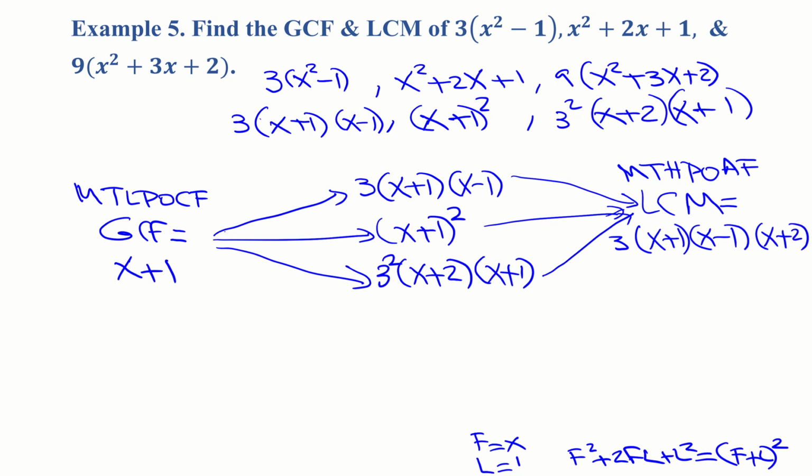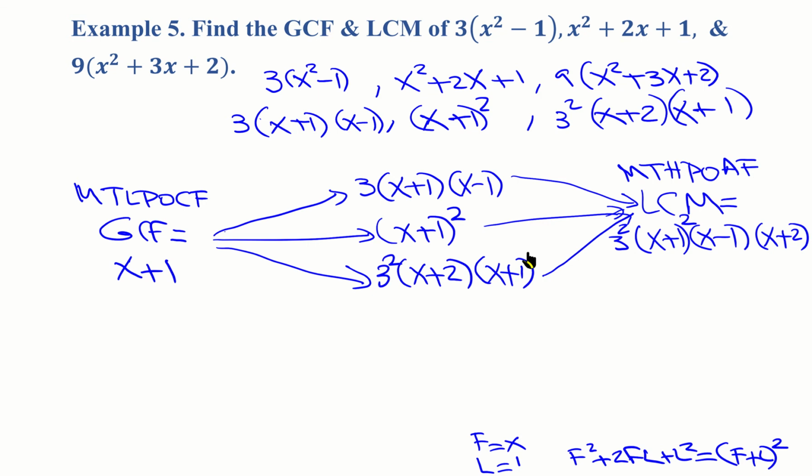And notice that now we'll go through, and for each of those factors, we'll take the highest one for the LCM. So for 3, we notice that between 3 and 3 squared, 3 squared is the winner, right? How about x plus 1? Which is the highest power of x plus 1 that we see in these 3 expressions? Of course, this one, x plus 1 squared. For x minus 1, there's only one of them, so that's what we take.